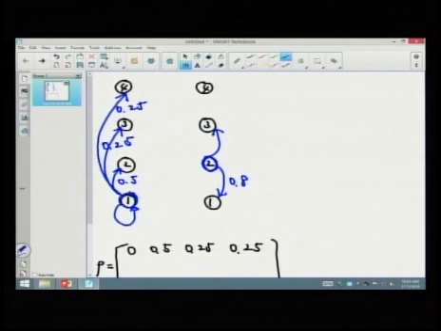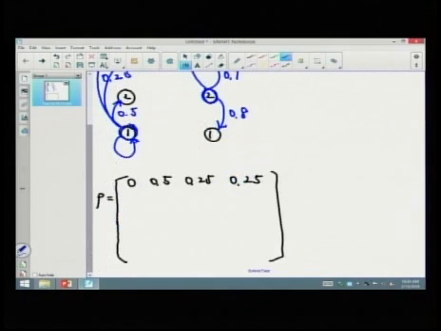It is only 10%, right? 0.1, and then 2 to 4 would be 0.1, right? So we have 2 to 1 is 0.8, 2 to 2 is 0, 2 to 3 is 0.1, 2 to 4 is 0.1, right?